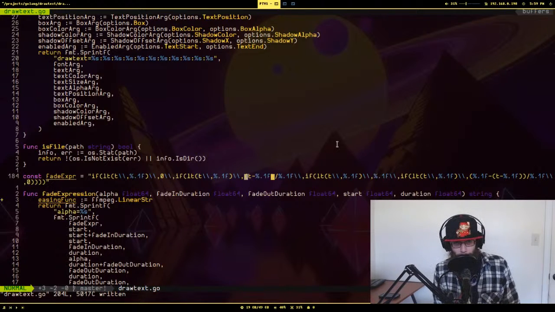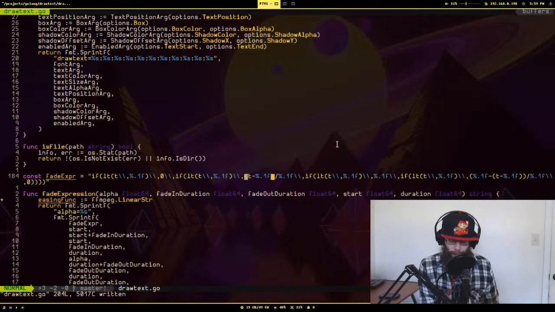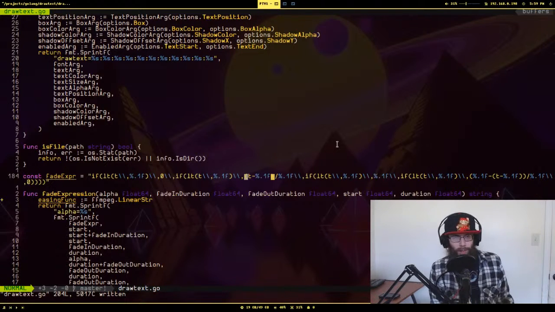This instead would be %s for string. Anywhere it's indicating the progression rate, because that's what this represents, I would need to change this to be %s.